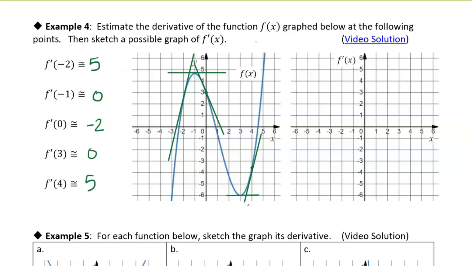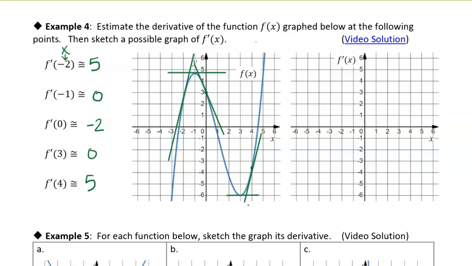Okay, so now I have a table of values. These are my x values here, and then this is my f prime of x. So if I want to sketch a graph for the derivative of the function, I can just plot these points and connect them up.